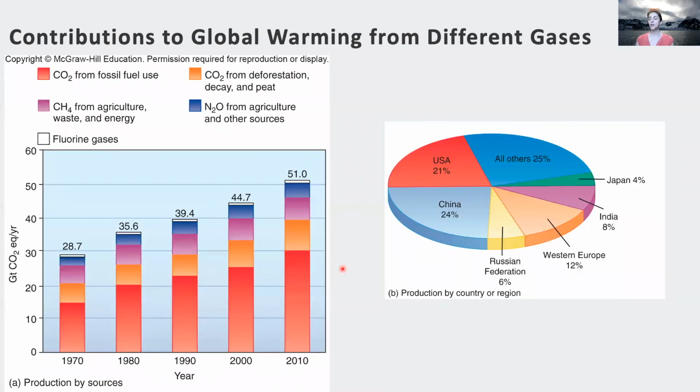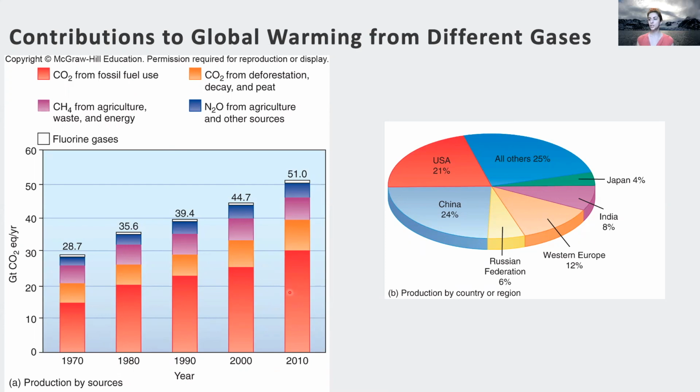We can break down the contributions to global warming from these different gases. We can look at it both from gas to gas and the different sources, and then from decade to decade. So by and large, what we see is that in red, this CO2 from fossil fuel use has always made up the lion's share of the amount of heat produced on our planet.